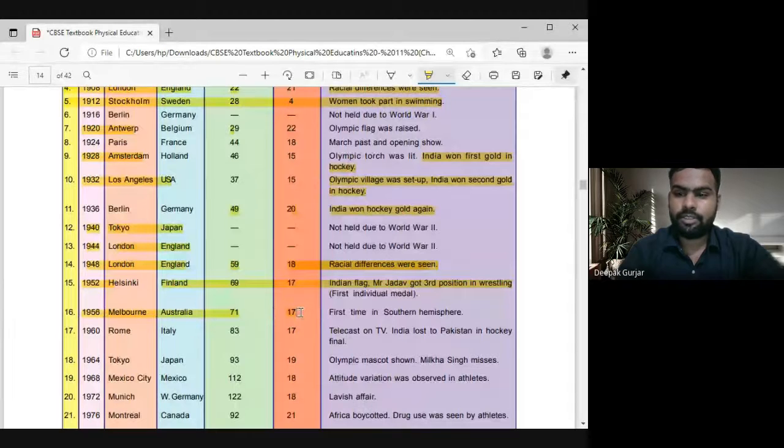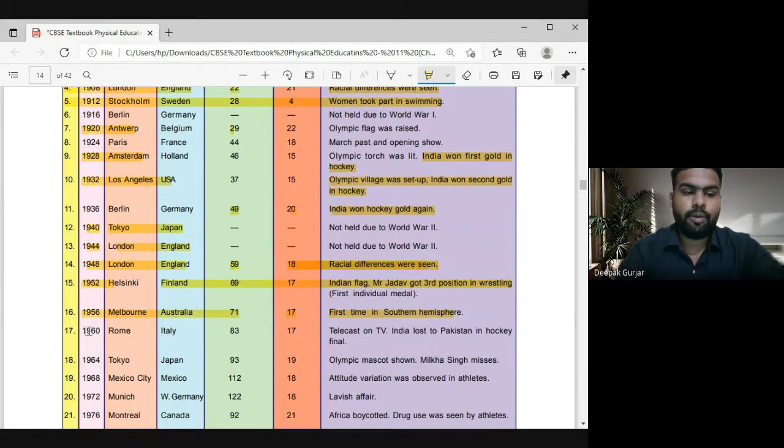That is 1956. So in 1956, it was in Australia, right, children? On that time, 71 countries participated, and there were 17 activities, the first time in the Southern Hemisphere, right?